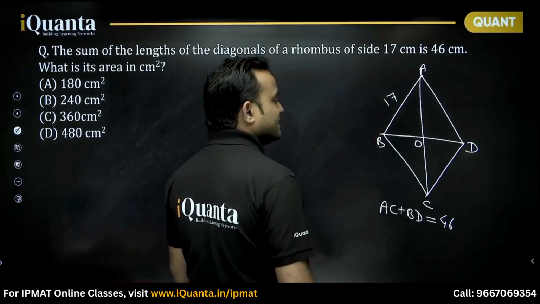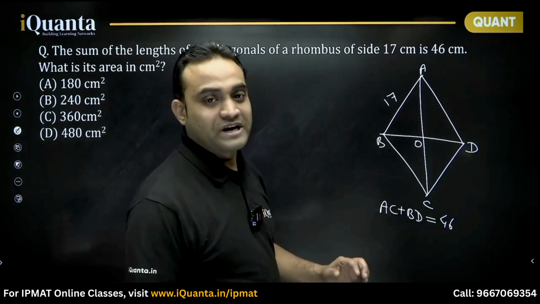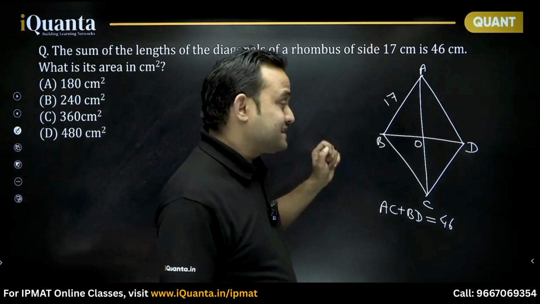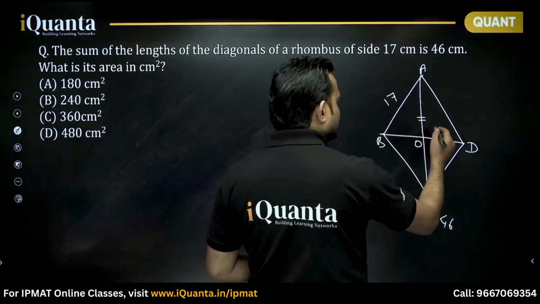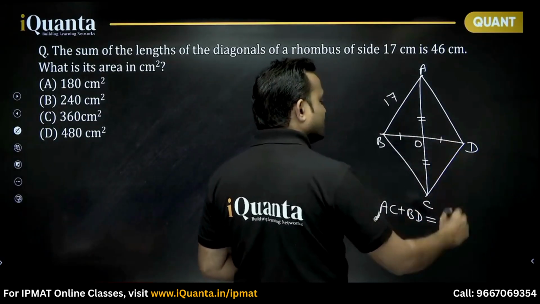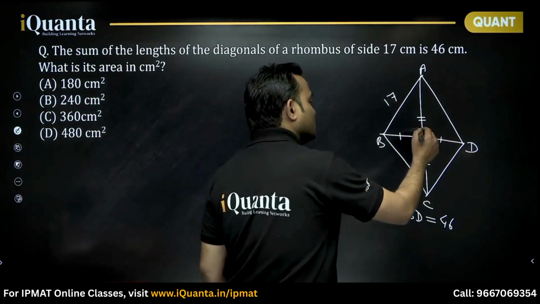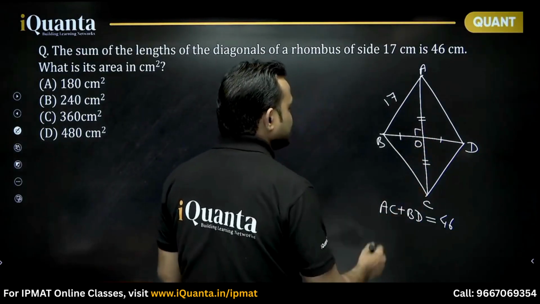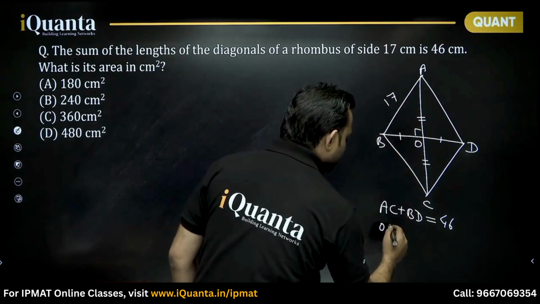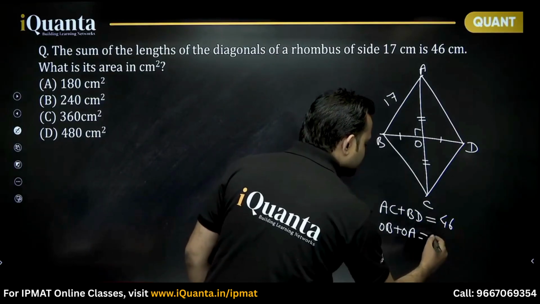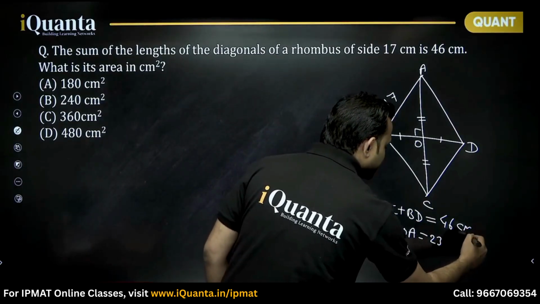Can we say in any rhombus or in any parallelogram, the diagonals bisect each other? So OB will be equal to OD. But in rhombus, the diagonals are also perpendicular to each other. Can we say that OB plus OA will be half of this, which is equal to 23 centimeters?